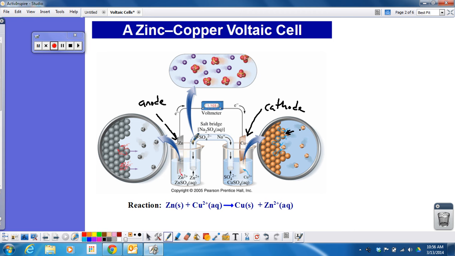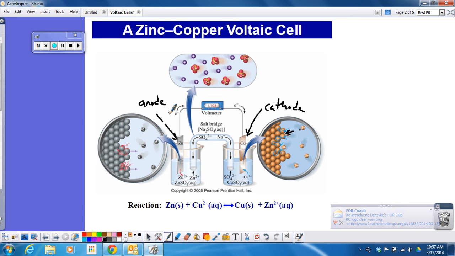So you notice you have a flow of negative charge, and then you'll notice that the electron flow is going from the anode to the cathode, and that is always true. Electrons in a voltaic or galvanic cell always flow from the anode to the cathode. So the way you remember that is that the electrons flow in alphabetical order. They flow from the anode to the cathode.